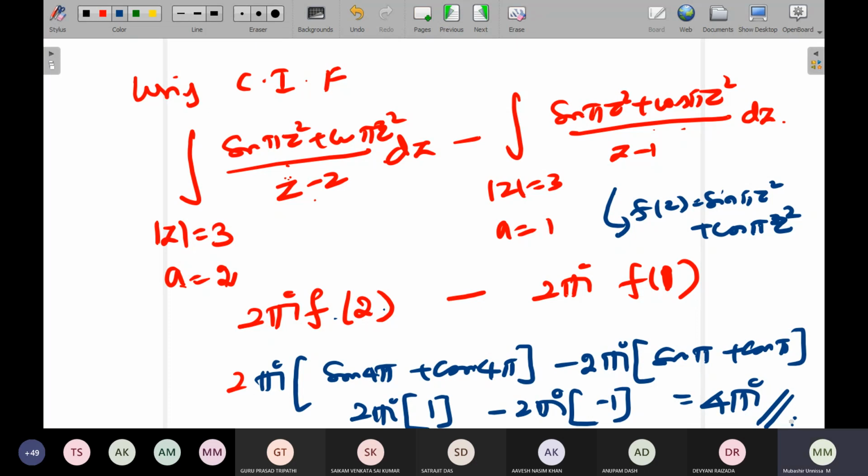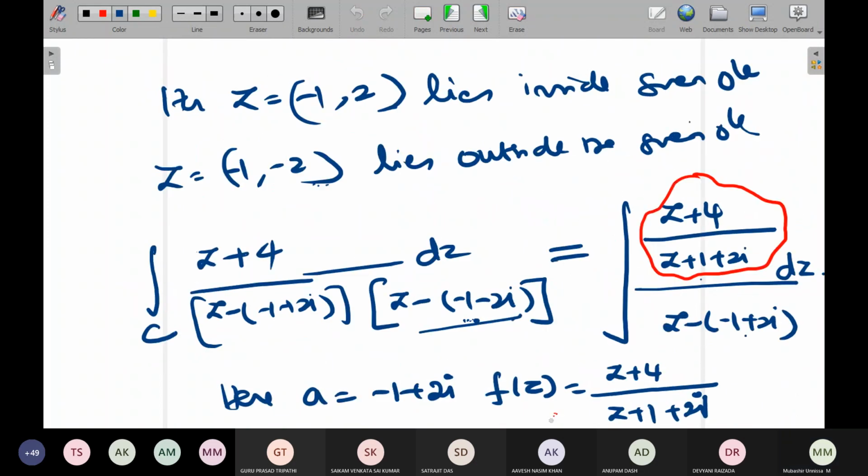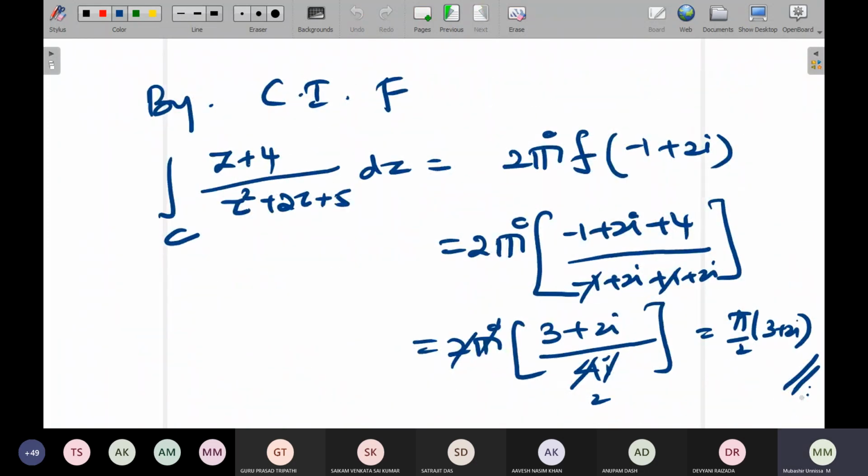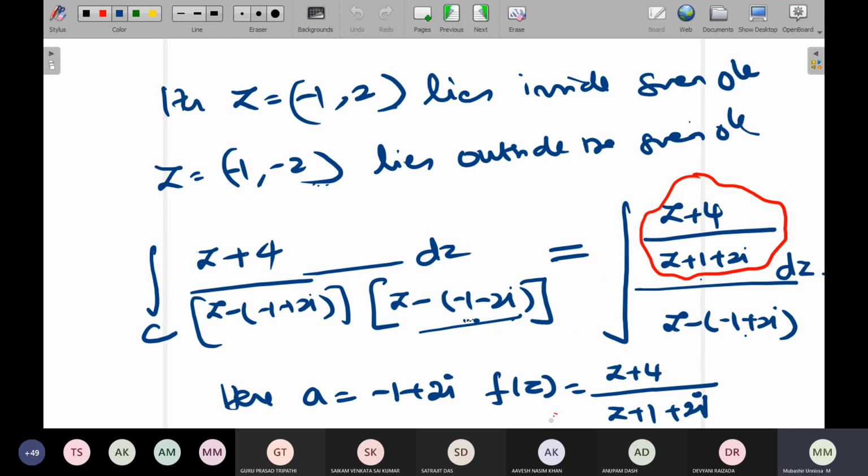Anyone has any doubts? You can write here itself f(z) also. What is f(z) in that integral, according to your this one? I wrote it in the middle.